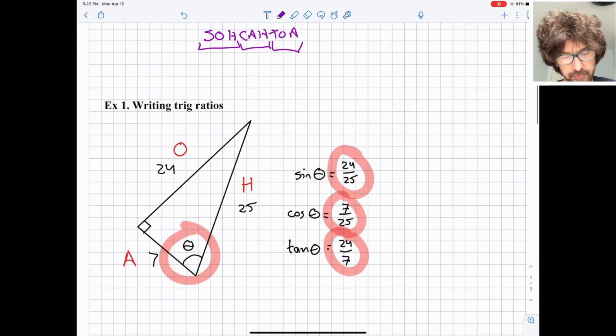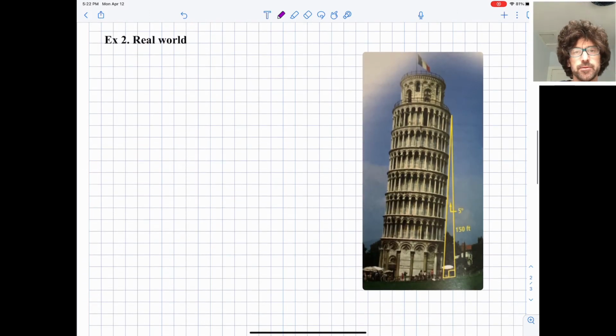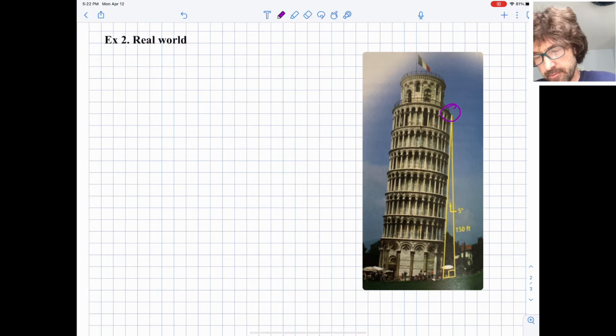Let's actually apply this in a real-world problem, which we'll solve in two different ways. This is the Leaning Tower of Pisa, and the vertical height from the ground to that point right there, one of the upper balconies, is 150 feet. The angle between the vertical and the edge of the tower is 5 degrees, as you can see here.